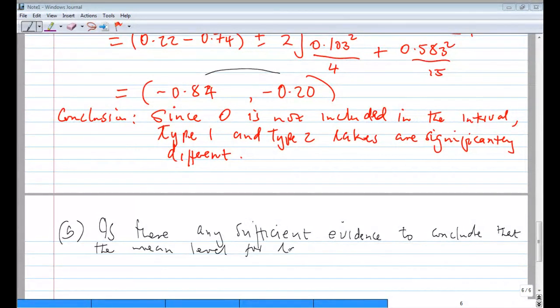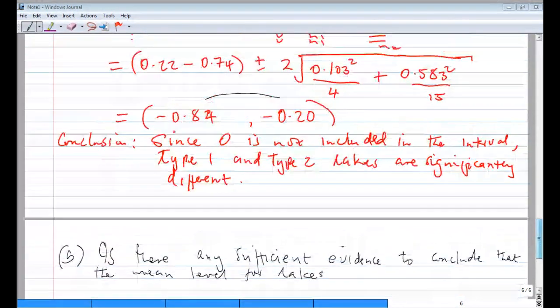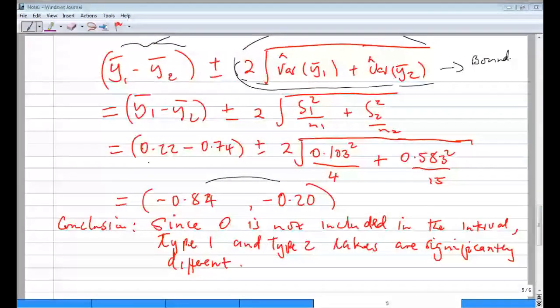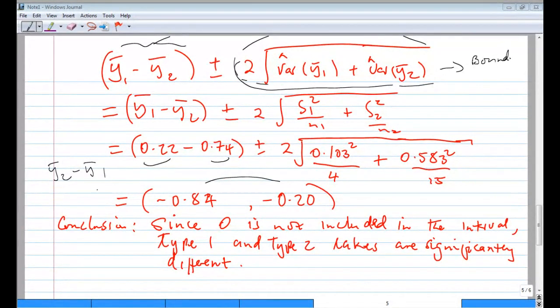Sir, on the first question, what if I said 0.74 minus 0.22? You mean here? Instead of writing this one, you write that one. You start with y bar 2 minus y bar 1. No, we have to start with y bar 1.